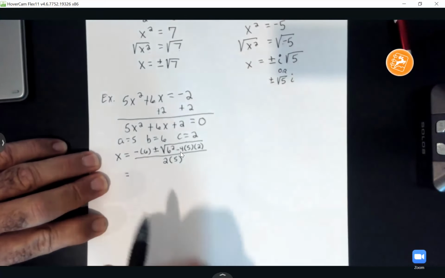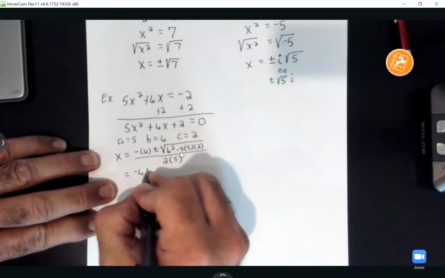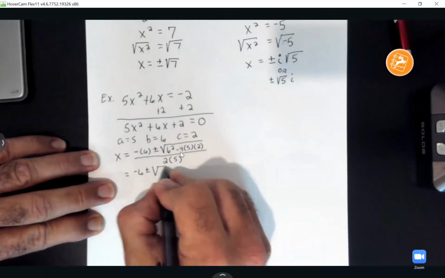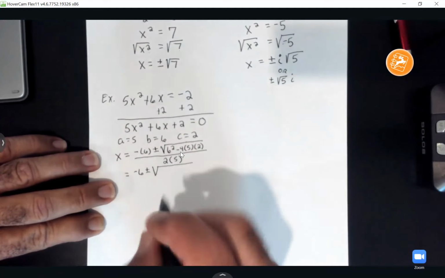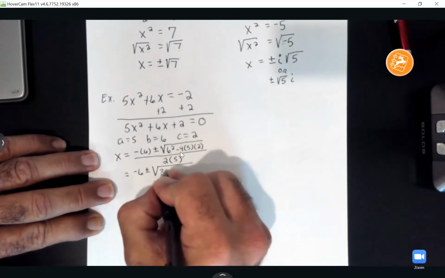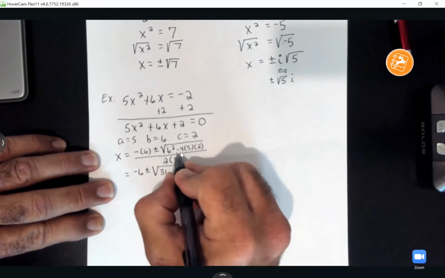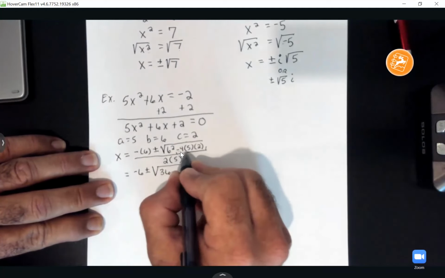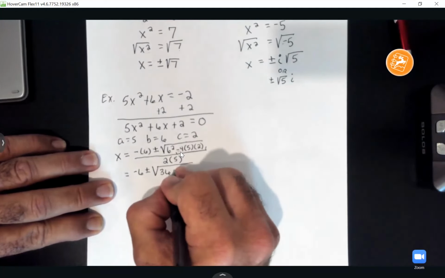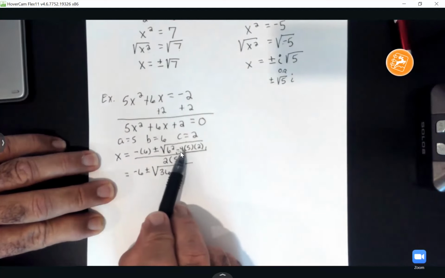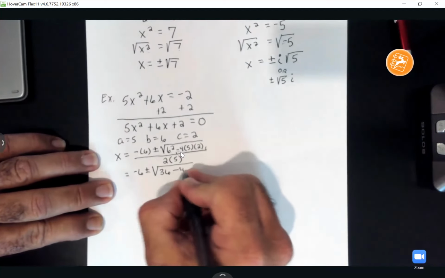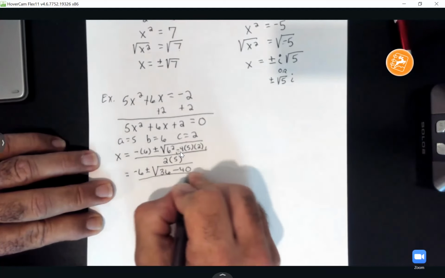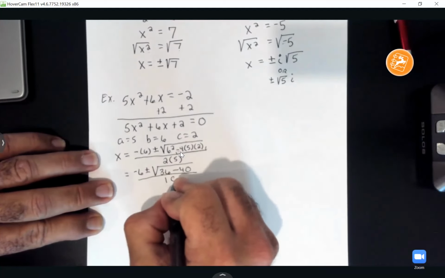All right, so that makes that a -6, plus or minus. Under the radical, 36 is what I get when I square the 6. Notice this side only has one negative, so that side will stay negative. 4 times 5 is 20. 20 times 2 is 40. All over 2 times 5, which is 10.